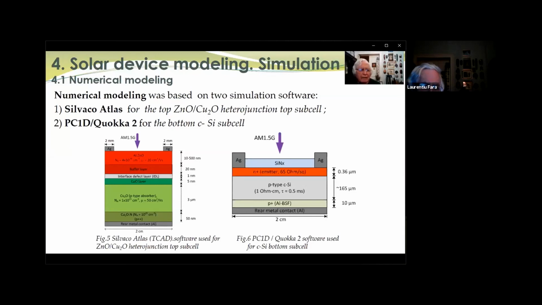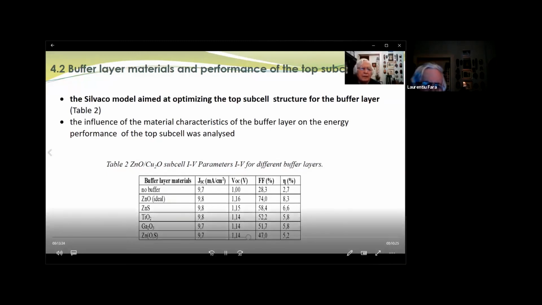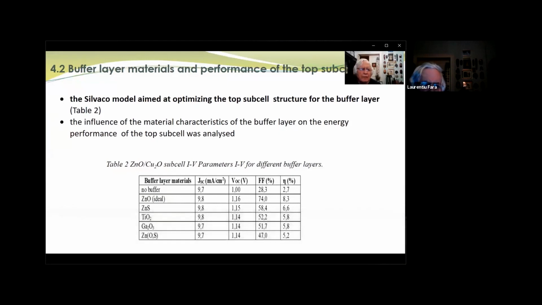And the main aspects regarding this software are presented in figure number 5 and number 6. Buffer layer materials and performance of the top subcells could be studied based on the modeling, and an optimizing top subcell structure for the buffer layer could be considered.